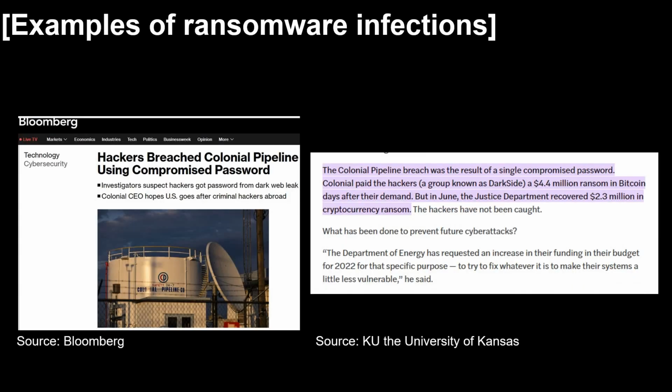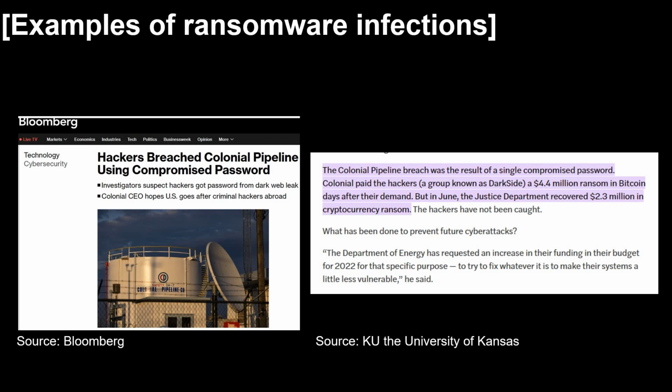And here we have another example. And this one is probably very famous because this was about the Colonial Pipeline, and there was a ransomware infection that caused outages of the systems, which ultimately resulted in long lines at the gas station because there was not enough gas for people in the country and in the gas stations.